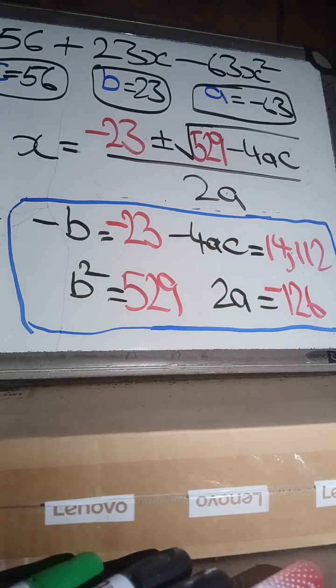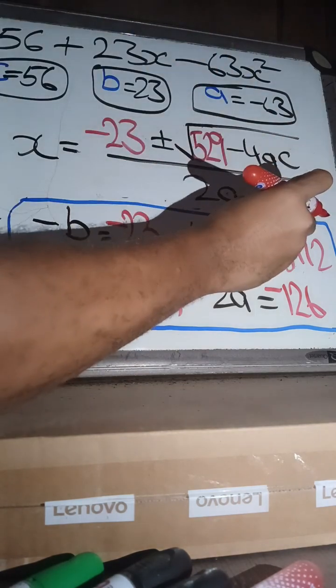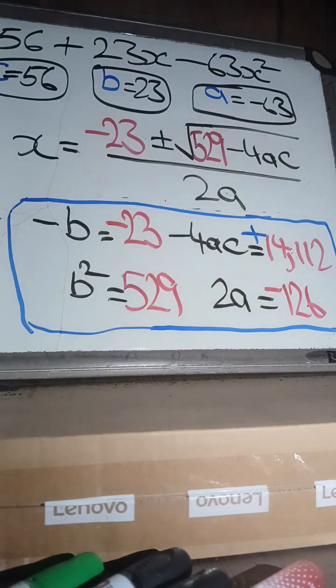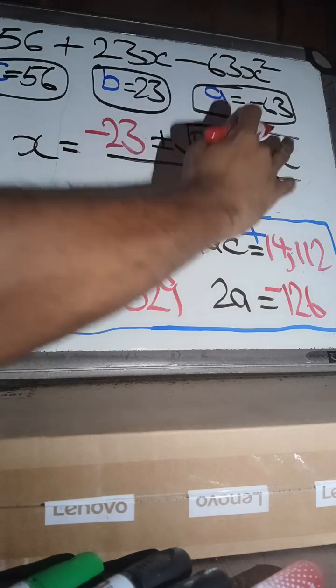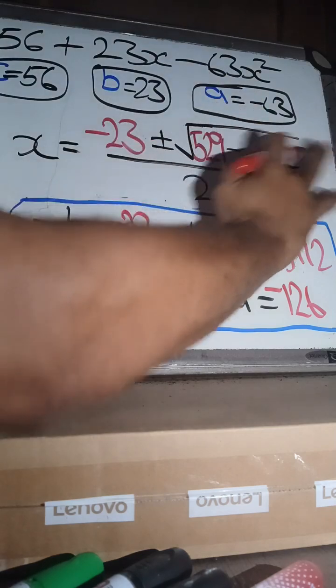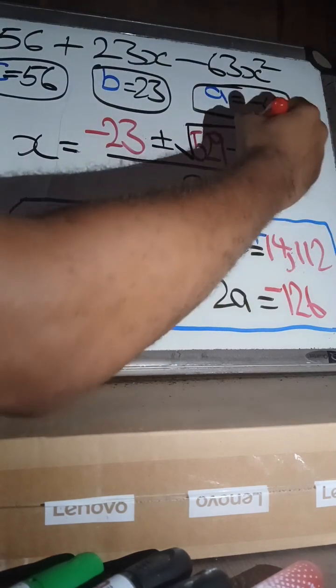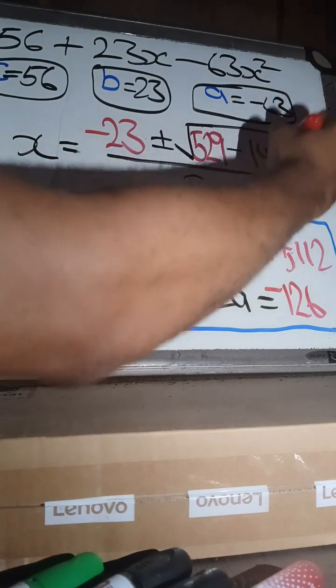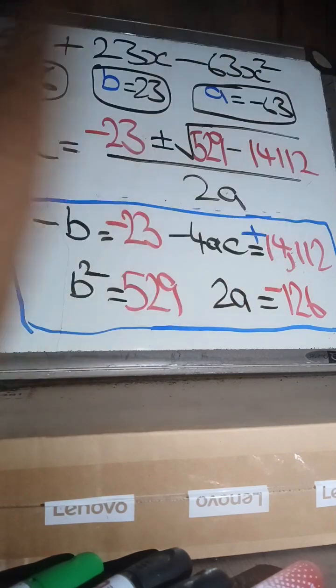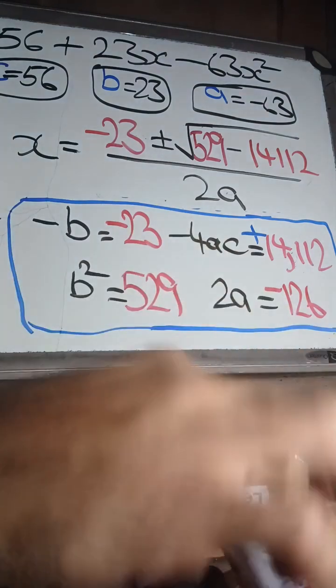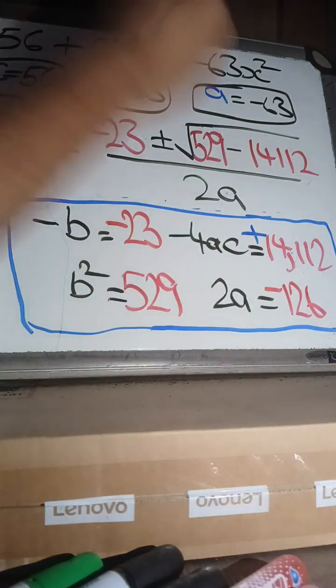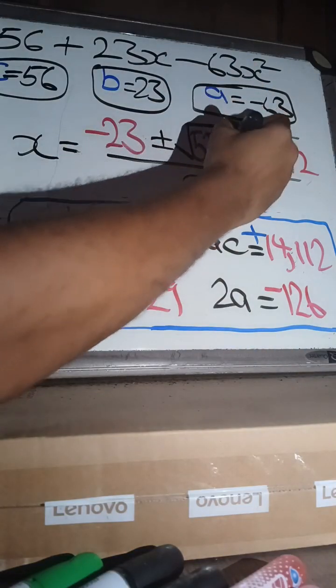Now, for semantics, let me put a plus sign in front of that. So the minus 4ac becomes a plus 14,112.